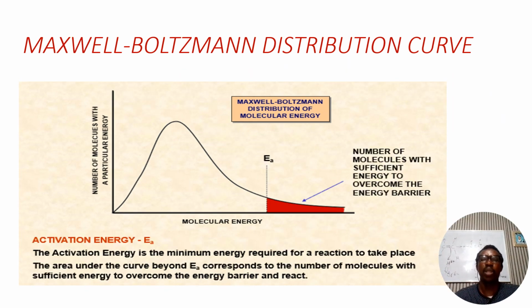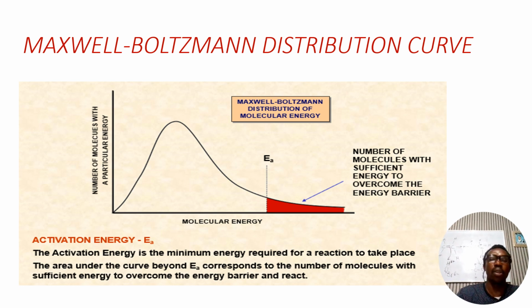Before us is the Maxwell distribution curve, which is a graph of the number of molecules with a particular energy against molecular energy. On the vertical axis, you have the number of molecules with a particular energy, and on the horizontal axis, the molecular energy. The Maxwell distribution curve is used to explain the concept of activation energy, which is the minimum energy required for a reaction to take place.